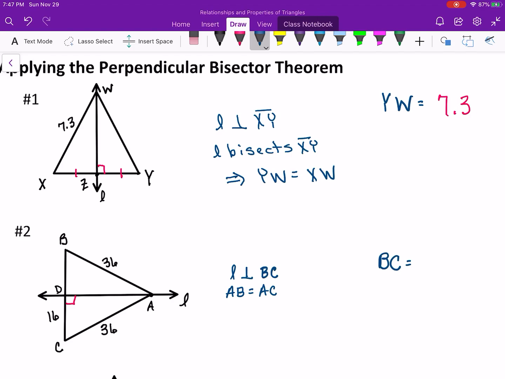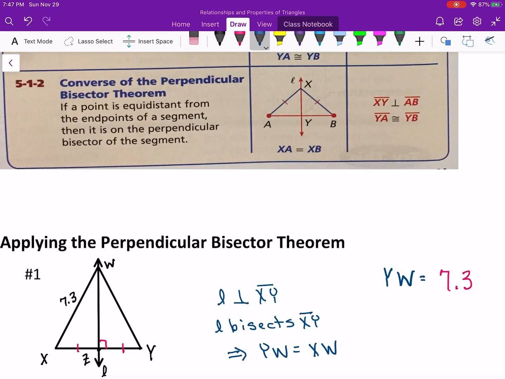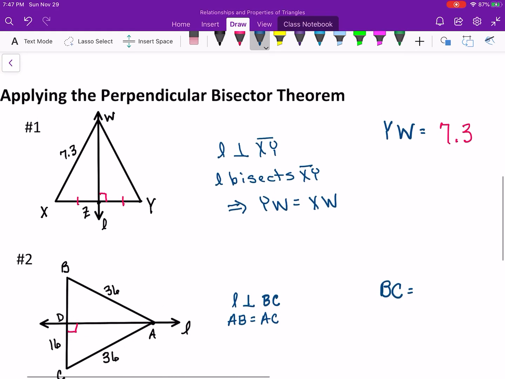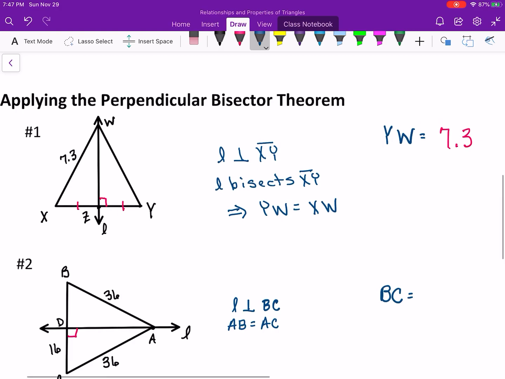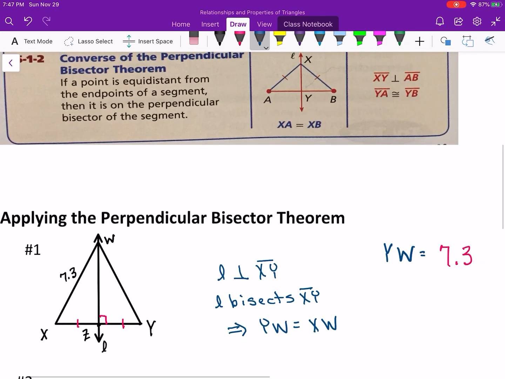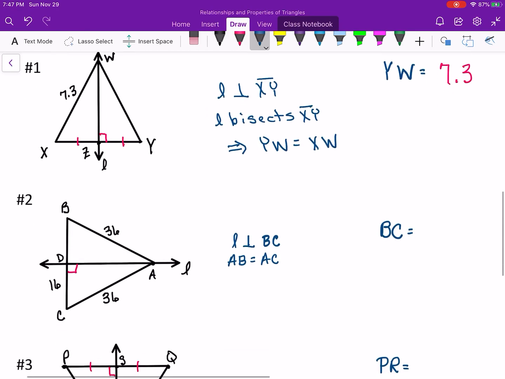Well, if you go back and look at the converse theorem, it says if a point is equidistant from the endpoints of the segment, well, point A is equidistant from B and from C. We also see that it's on the perpendicular because of the red mark. Then by the converse, it is on the perpendicular bisector of that segment.